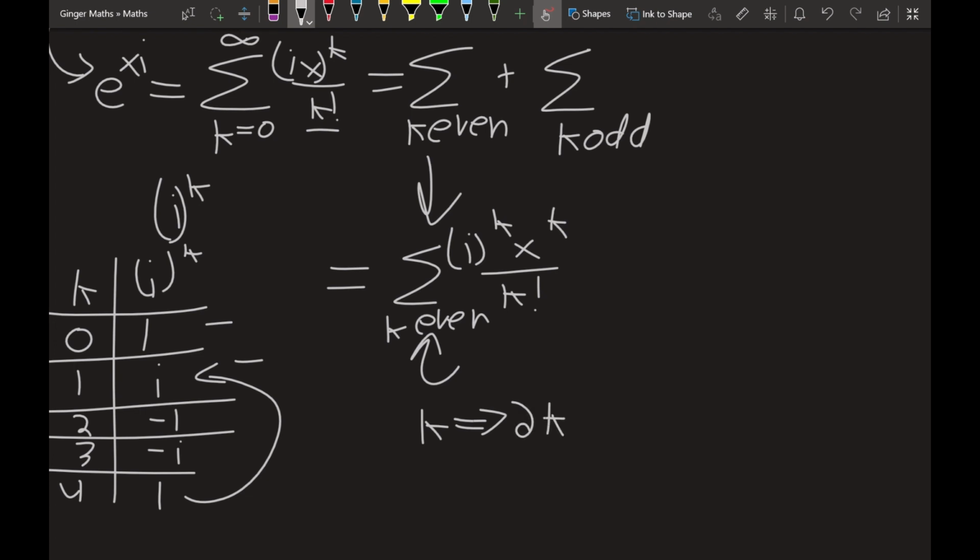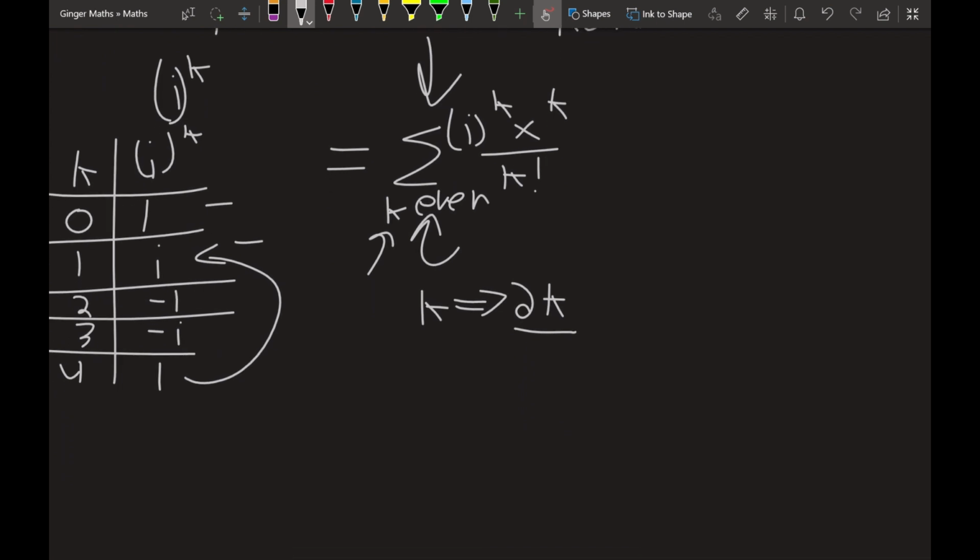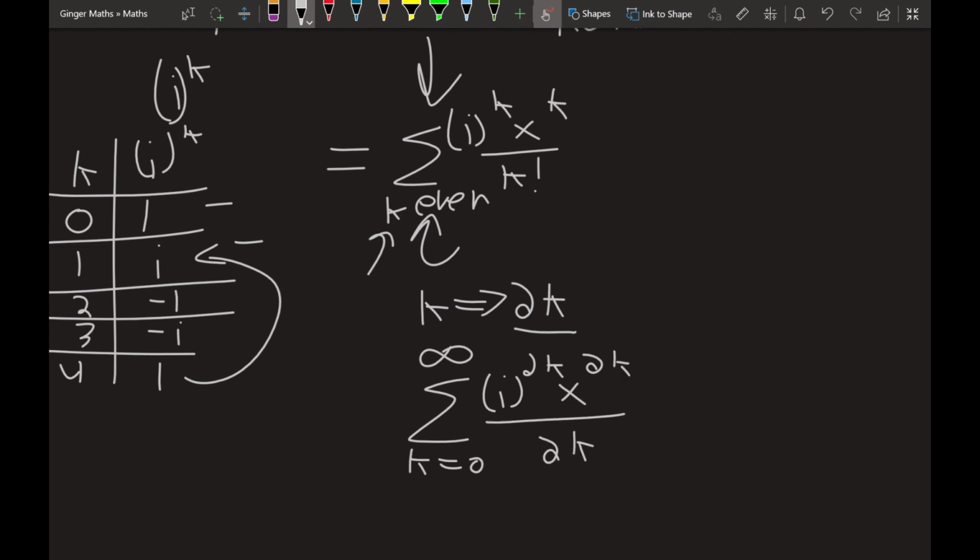And the reason for this is that here we're summing over every other integer in a way. Whereas if we express it as 2k, we can sum over every single integer because the k is being multiplied by 2. So if we express k as now 2k, instead of writing k even, we're going to have a proper sum over k equals 0 to infinity of i to the 2k times x to the 2k over 2k factorial.